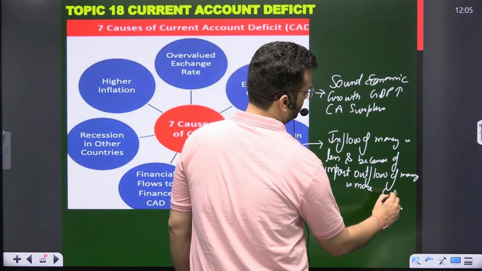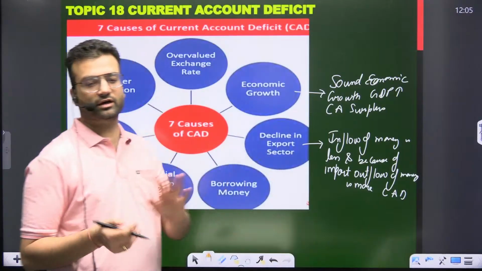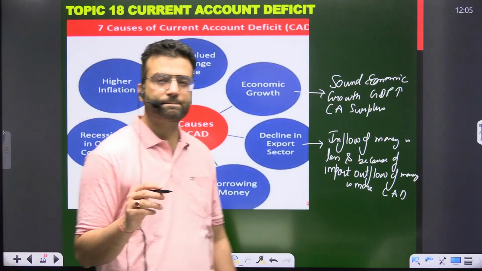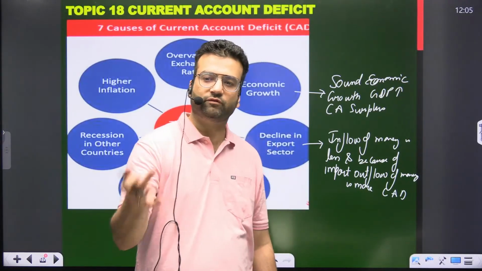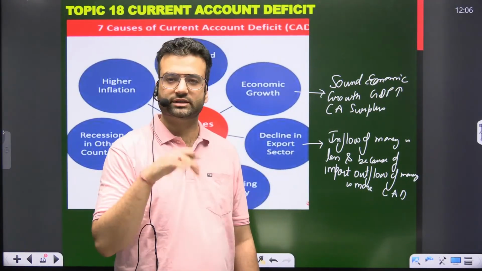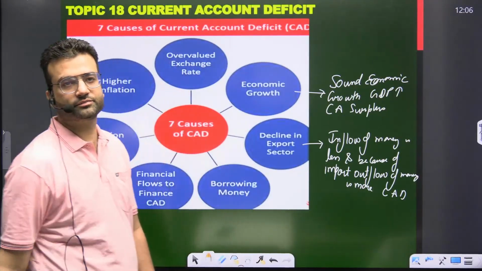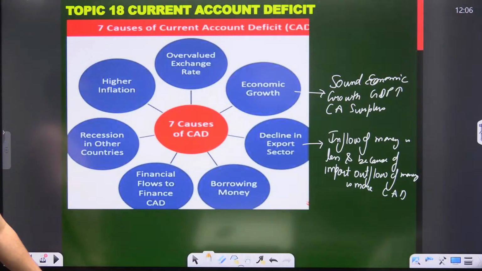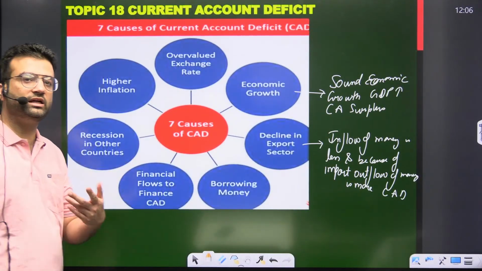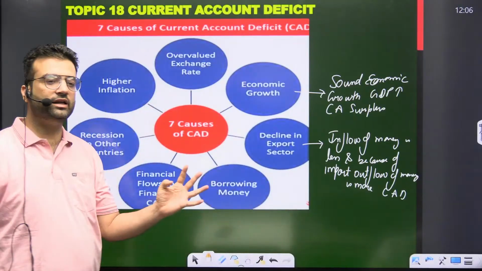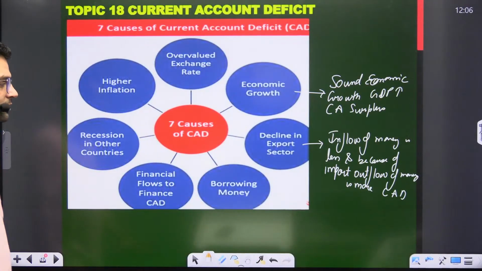That also leads to current account deficit. If your exports are declining, that means inflow of dollars is less, and if imports are more, then outflow of dollars is more. Inflow means coming in, not going out.